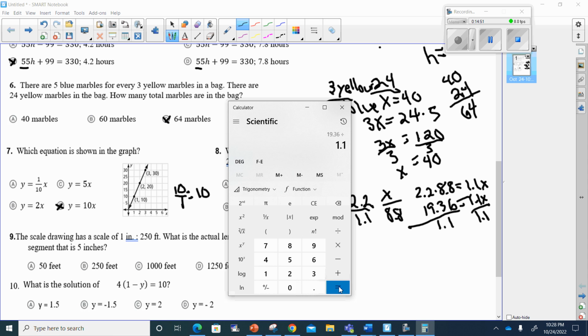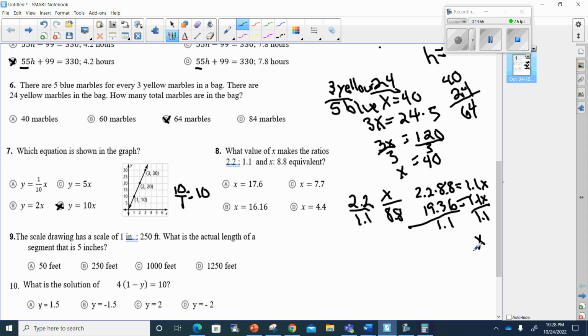That's going to give me 17.6. So x is 17.6. So let's look for an answer right there. 17.6 has to be A. Okay. Let's go ahead and move on.